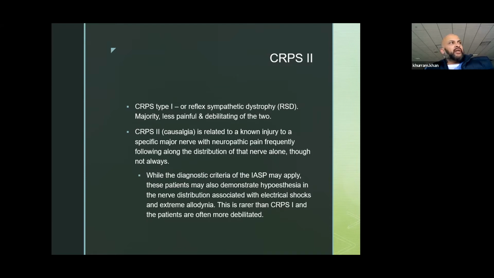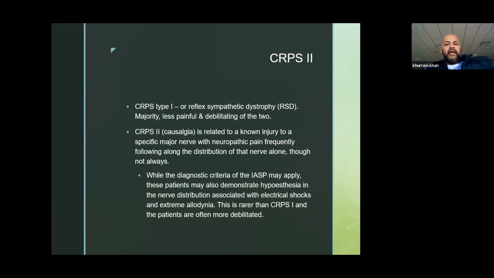When you have a definitively injured nerve, for example after amputation or after severance of the sciatic nerve or any other nerve, where you know that the patient did have certain injury to a specific nerve, and then they develop symptoms, that's called CRPS 2 or causalgia.